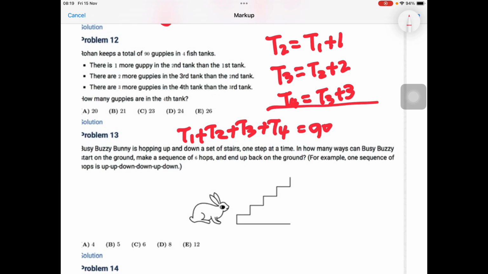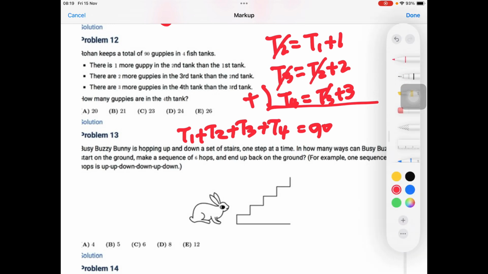So when I add them together, I can eliminate, no, actually in this case it's better to express with one variable. So now we want to know the first tank.